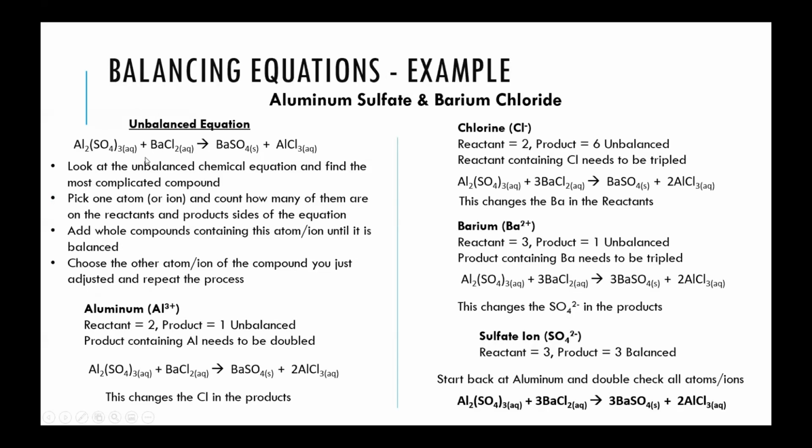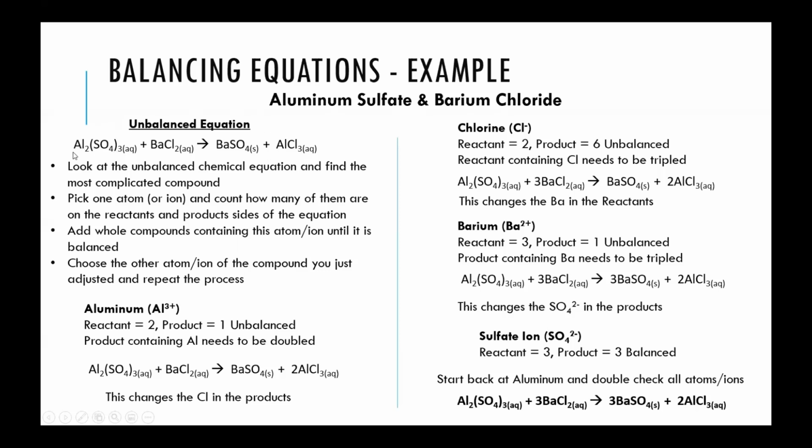So to balance a chemical equation, it's best to start with the more complicated compound first. And in an example like this, the aluminum sulfate is the more complicated molecule. There are 5 different ions associated with this one versus only 3 here, 2 here, and 4 here.